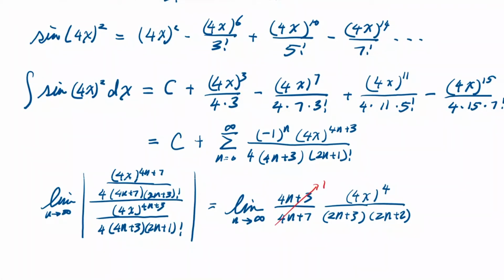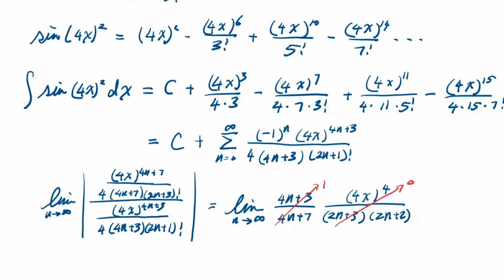This approaches 1. What about this whole thing? 4x to the 4th power over something with an n in the denominator. What does that approach? What do you say? 0. That's 0. Really? Well, as long as x is not equal to infinity, it's 0, right? I mean, you don't really care what x is, all you need to know is it's a finite number.